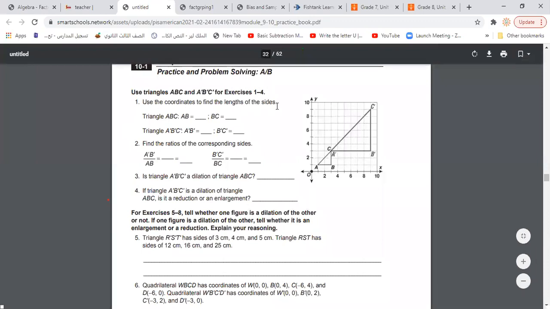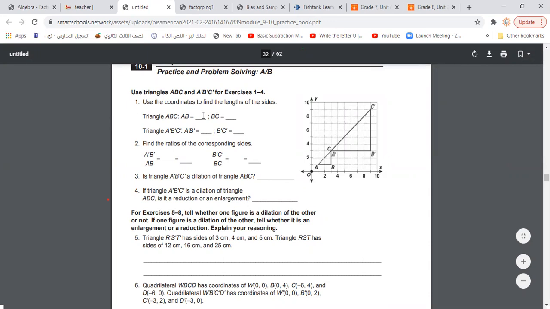Use the coordinates to find the lengths of the sides. The triangle ABC, AB equals how many? How many units for AB? 2 units, yes. And what about BC? 1, 2, 3, 4, 5, 6.